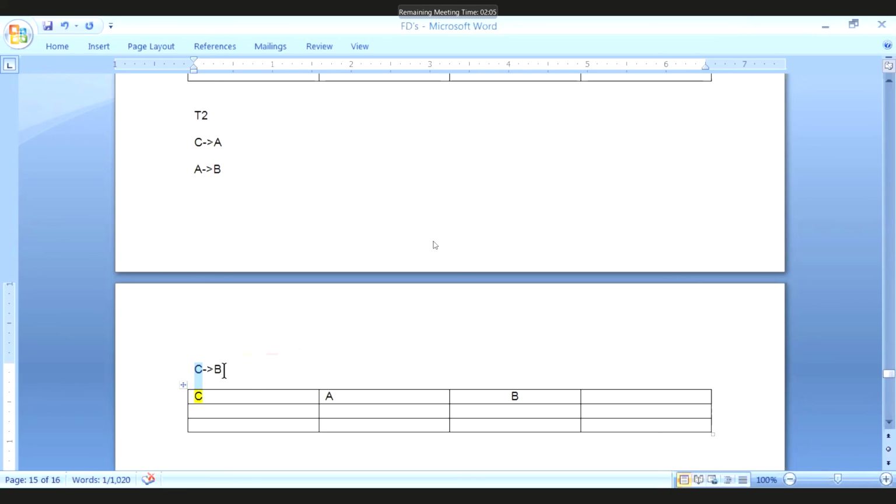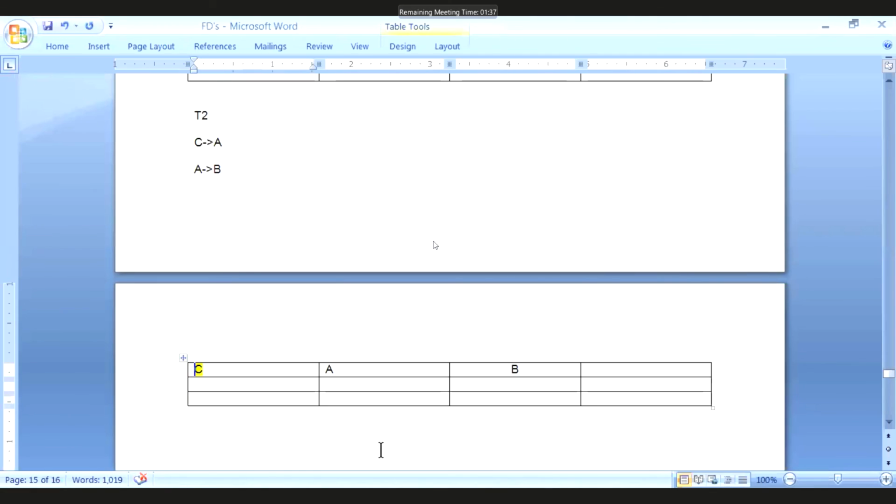So this dependency is obtained via the transitive rule, hence the T2 table is not in 3NF. Which FD is creating the problem? Actually, there was a non-key to non-key relationship, that's why I got such an FD, C to B. So we have to remove this relationship A to B.